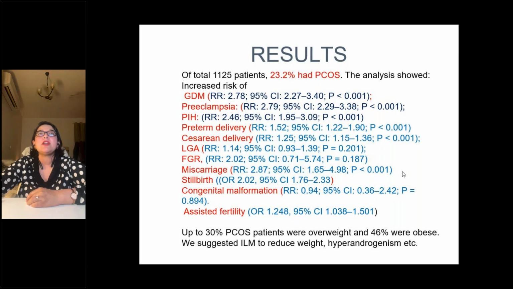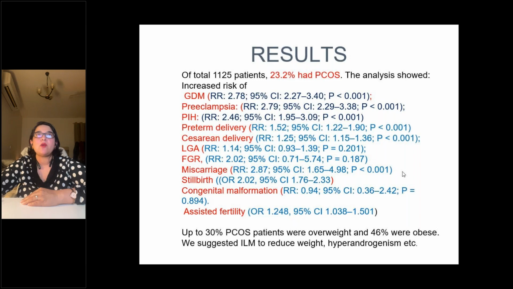There were only 122 pregnant women with PCOS who had singleton or twin gestation. Then we evaluated the adverse obstetric outcomes with the variables of GDM, preeclampsia, PIH, preterm delivery, mode of delivery, LGA, fetal growth restriction, miscarriages, stillbirth, congenital malformation, and assisted fertility.